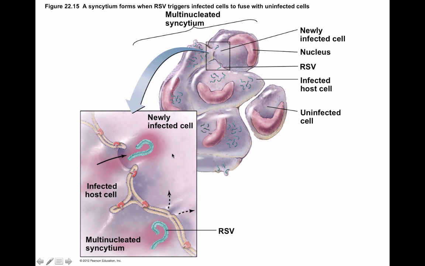And so you end up with these large conglomerates of fused cells, regions where the lung cells in the alveoli, so these are alveolar cells that are fusing now, and the virus is just freely moving back and forth among these cells.